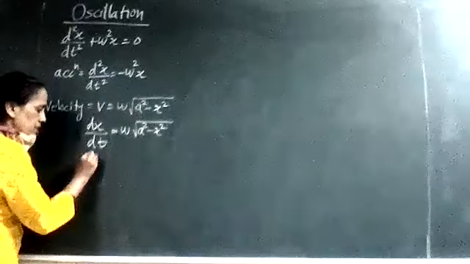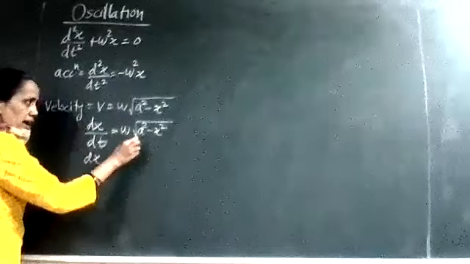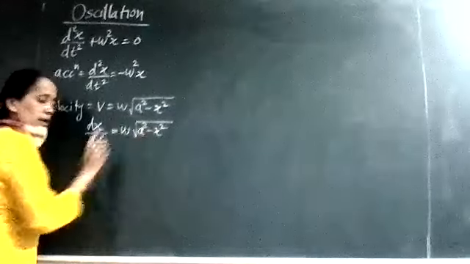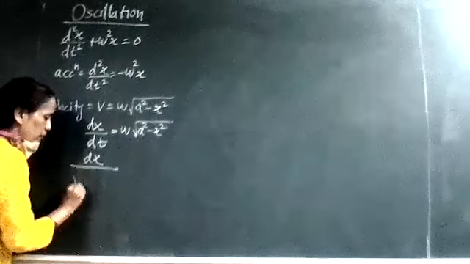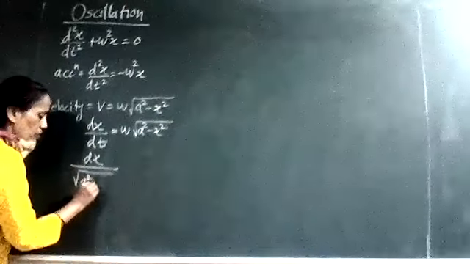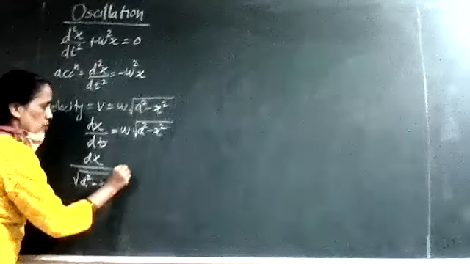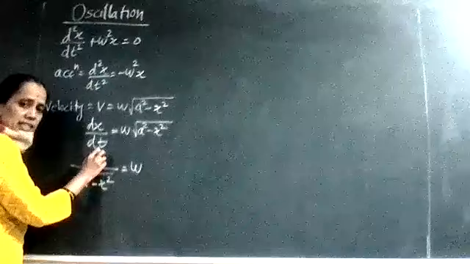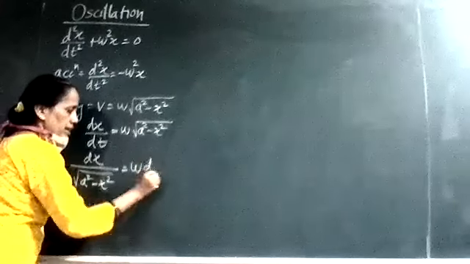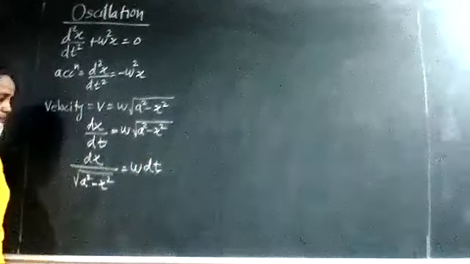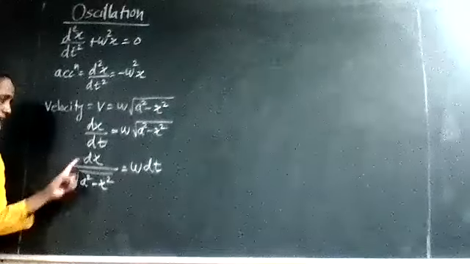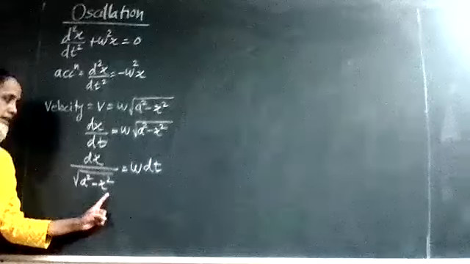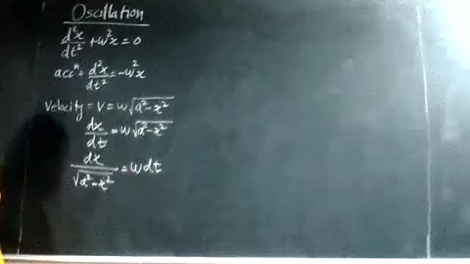So dx, and the term under root of a square minus x square, I will take for the division, which is equal to omega, and dt in cross multiplication I will take for the multiplication. So I am getting dx divided by under root of a square minus x square equals omega dt.